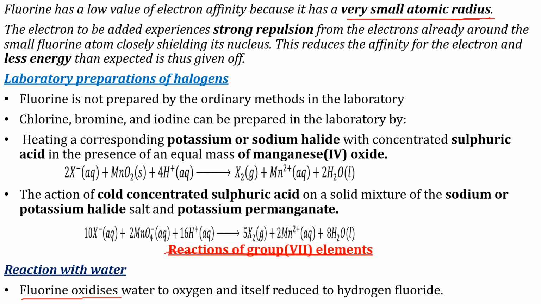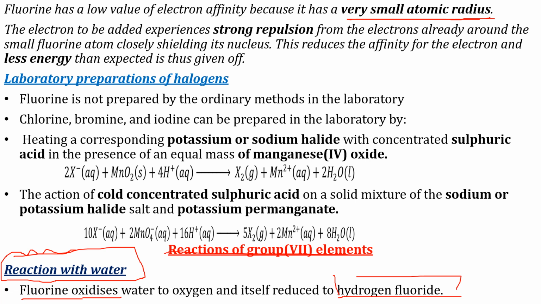So let's look at the next slide. We are first going to look at reactions with water, and fluorine is going to vary from the others in the way it reacts with water. In each and every reaction, the trend is going to proceed. So fluorine oxidizes water to oxygen and itself is reduced to hydrogen fluoride. You can call this hydrogen fluoride; hydrogen fluoride is the most acceptable.